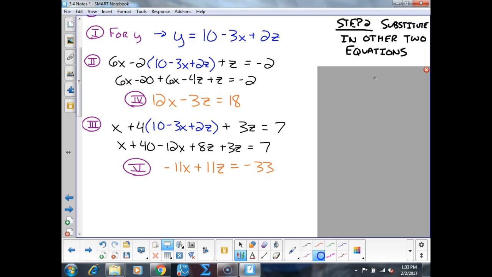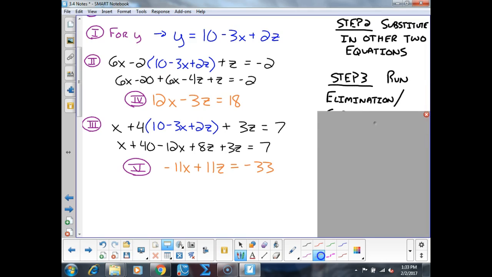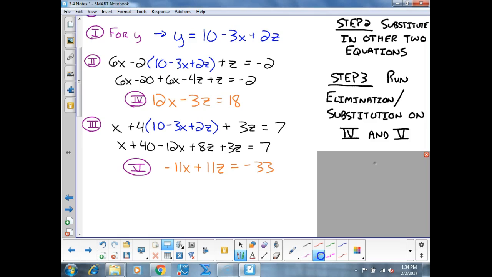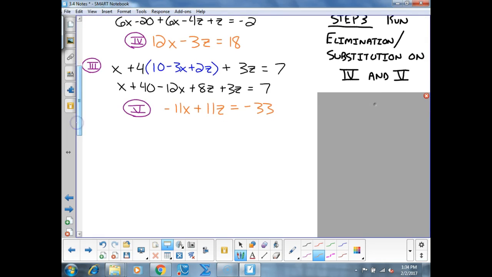What do you want to do with 4 and 5 now? Solve for another variable. Substitution or elimination? Did elimination once, right? Let's do substitution. So if I take equation number 5 here and solve it for what? Z?